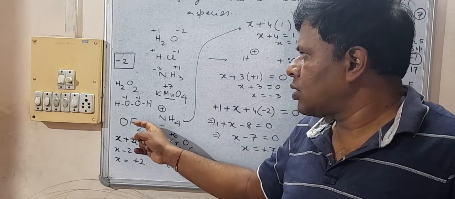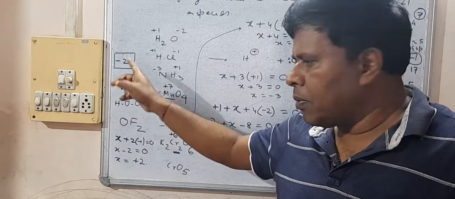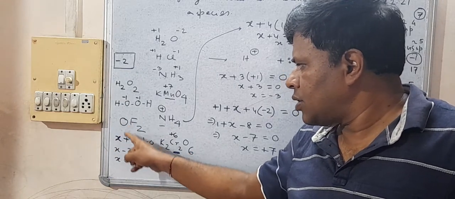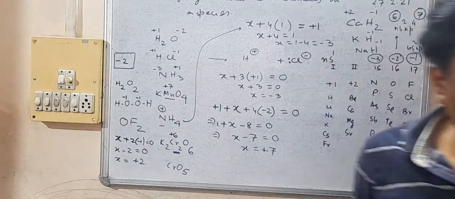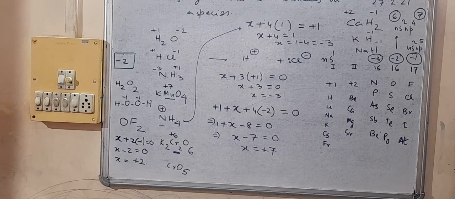It can also have oxidation number -1 in case of peroxide. In some cases, it can also have oxidation number +2. An element can have variable oxidation number. It depends on which other elements it is attached to.